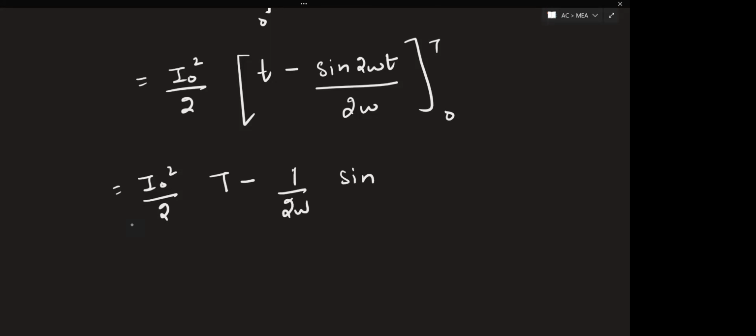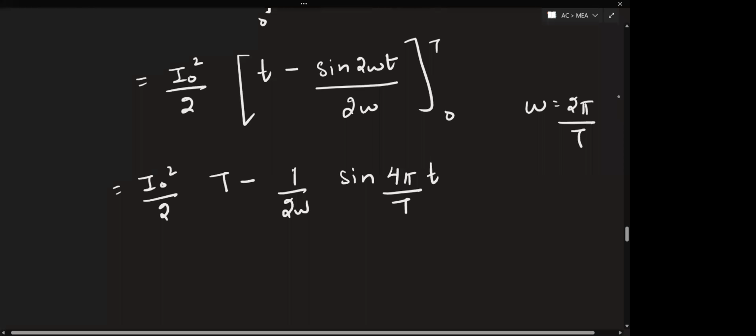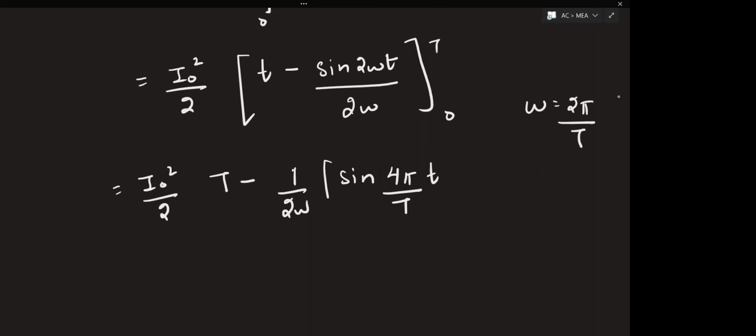That you can directly write as sine 4 pi by T, because omega is ultimately 2 pi divided by T. So 2 pi by T multiplied by this 2 became 4 pi by T. This is what is left, with limits from 0 to capital T. Now I naught square divided by 2, T minus 1 by 2 omega sine.